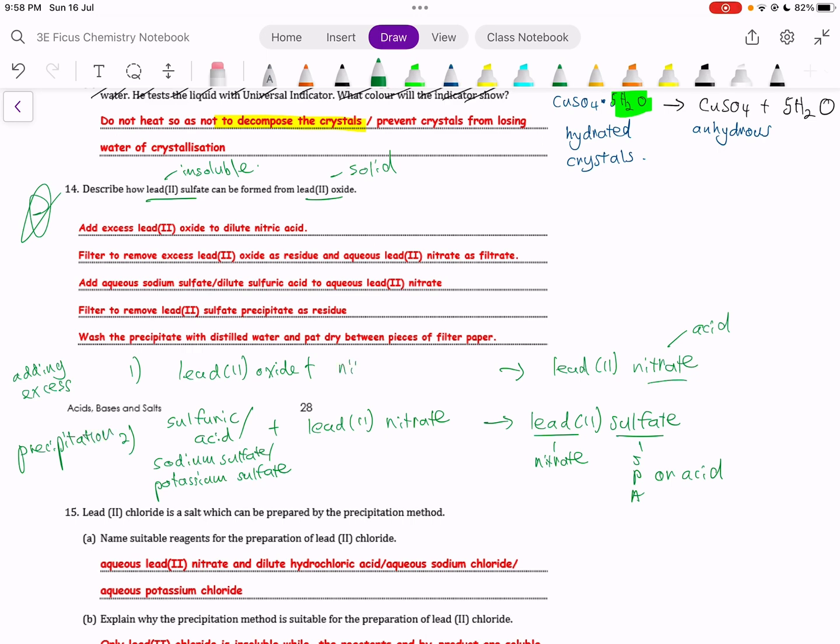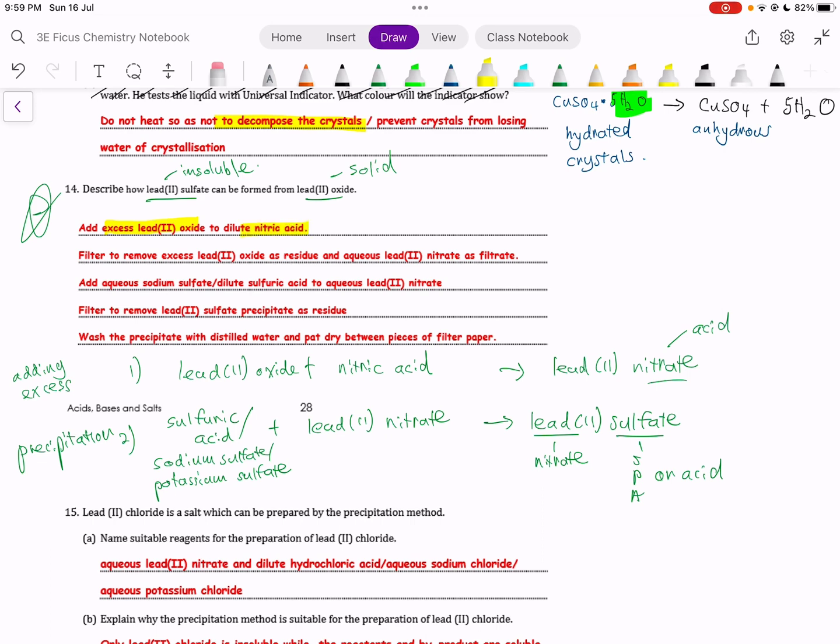So you have nitric acid. You add excess lactose oxide to dilute nitric acid.